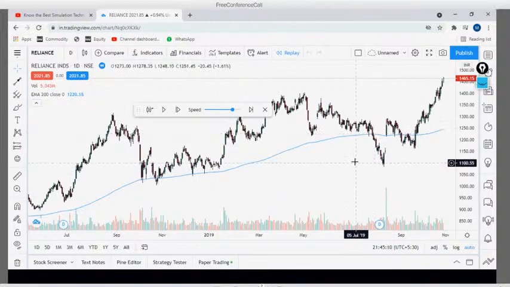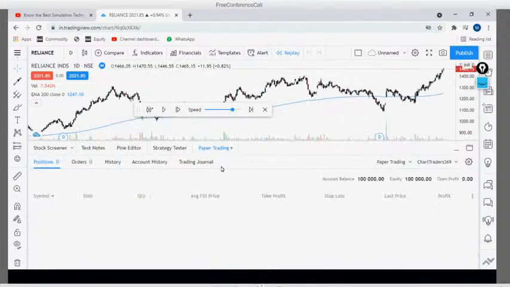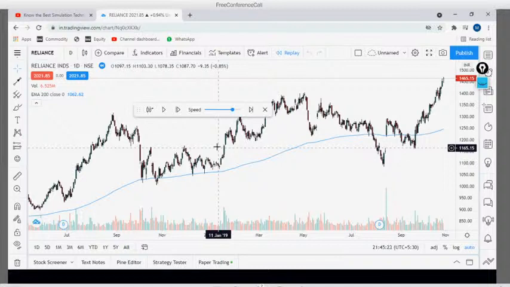The only thing is, as I initially told, the emotional part. When you are practicing this paper trading, you should first decide that you are doing this seriously. Many people, in the initial days when they start paper trading, are a little serious only.